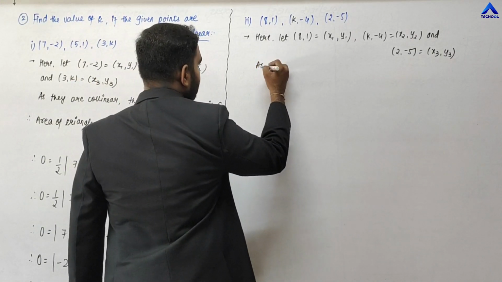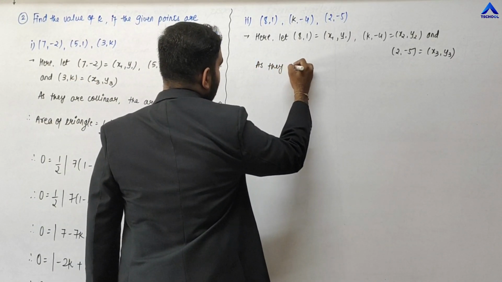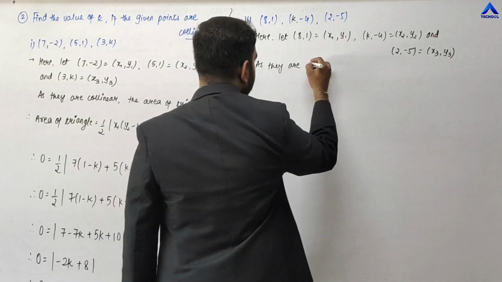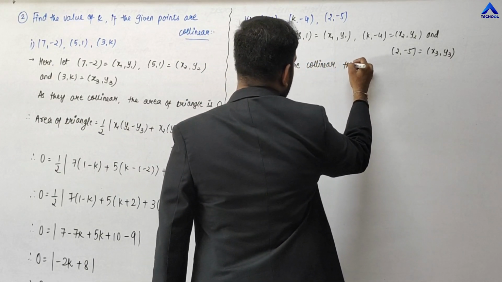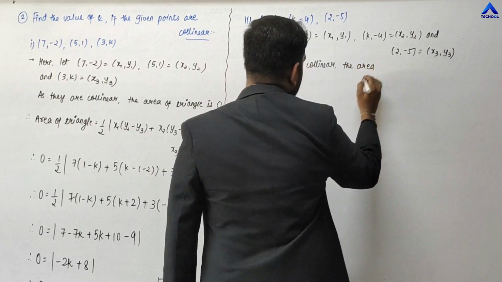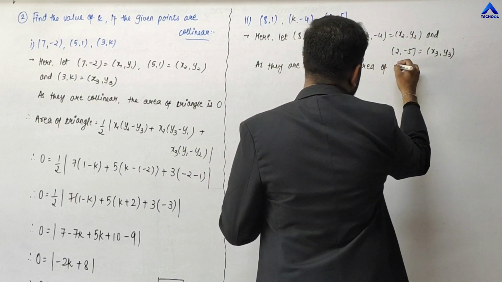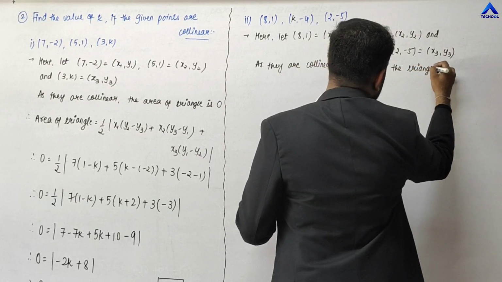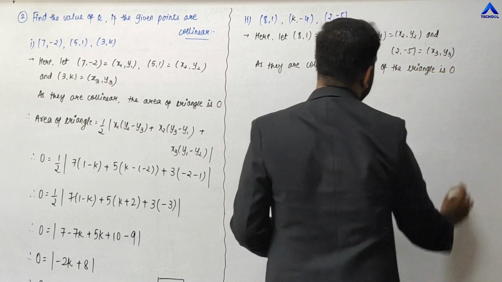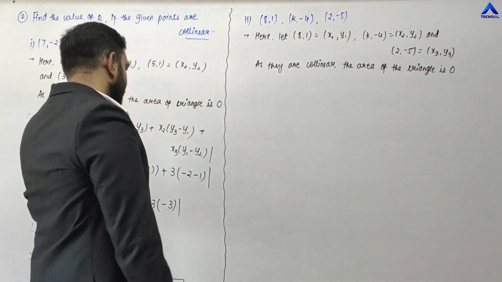As they are collinear, the area of the triangle is 0.